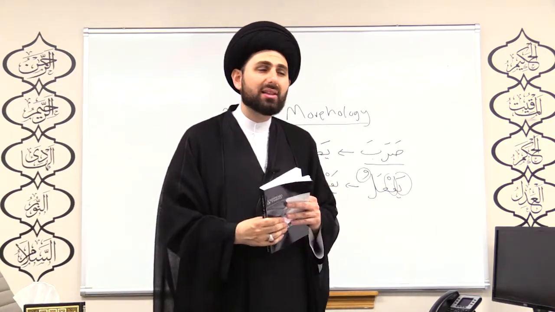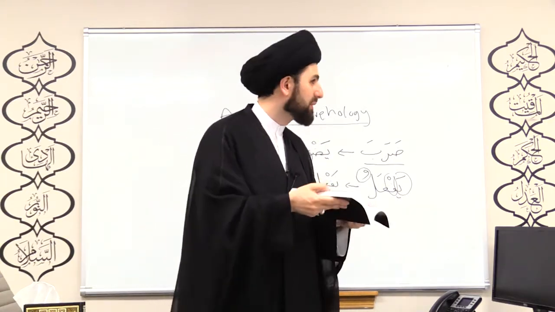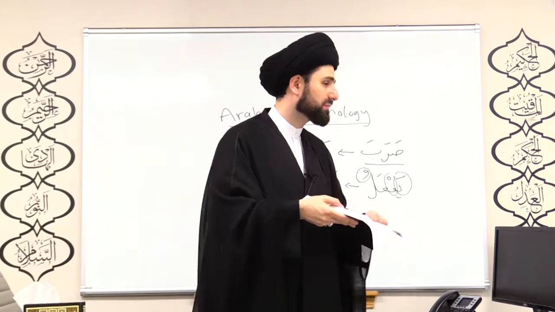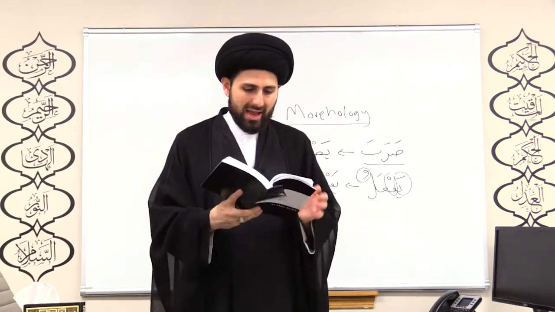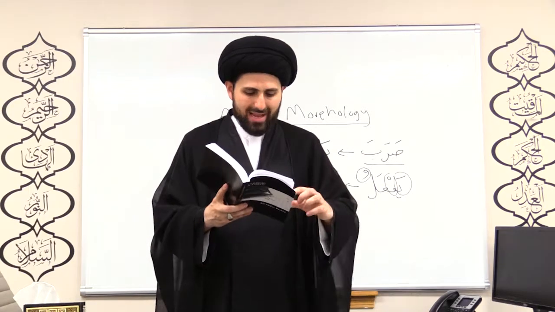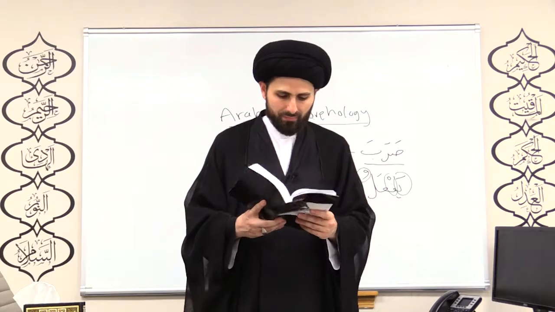There are also 14. It's highly important that we are familiar with these 14. If you know these 14, you know how to deal with fi'l al-mudari'. So let's examine them. You see that table on page 32? It simplifies it. It's very easy.